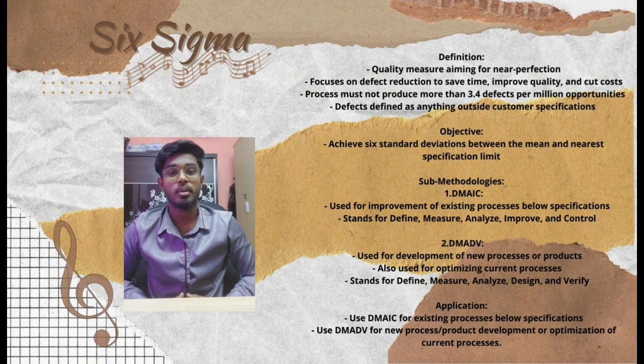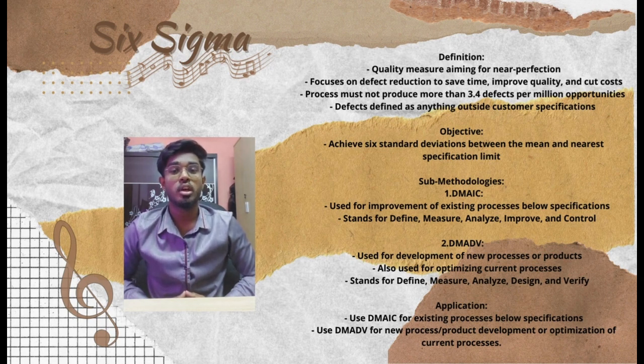anything outside customer specification. Two sub-methodologies, DMAIC and DMADV, are used for improvement and development respectively, with DMAIC for existing processes below specification and DMADV for new processes or products.